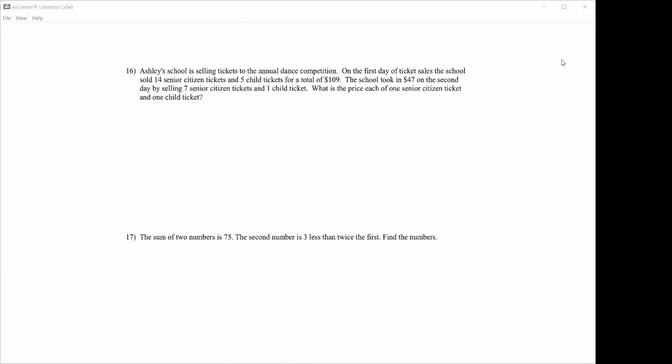So 16, so we have tickets to the dance. So I'm going to say that X is senior citizen tickets, and I'm going to say that Y is child tickets. So 14 senior citizen tickets and 5 child tickets sold for a total of 109. So we're going to say 14x plus 5y equals 109.